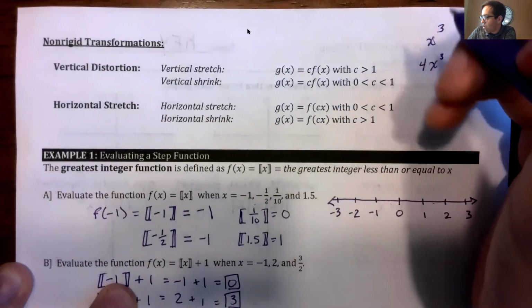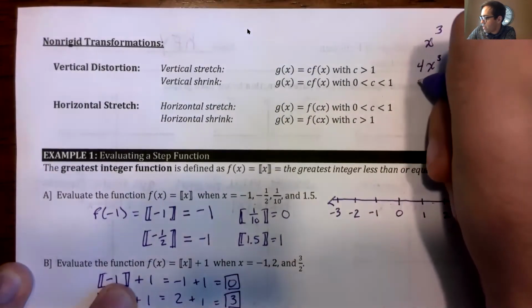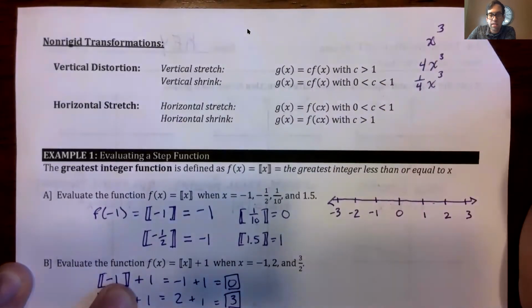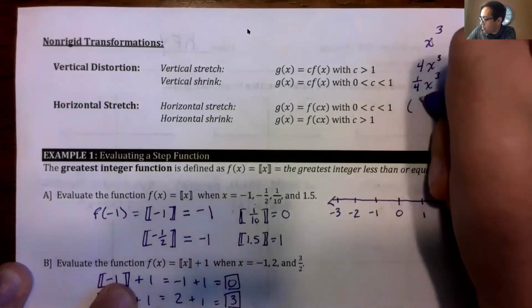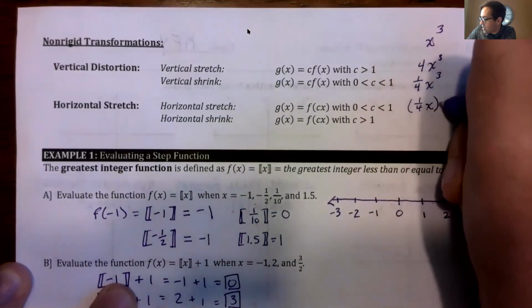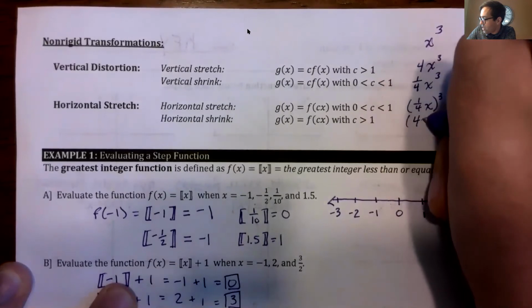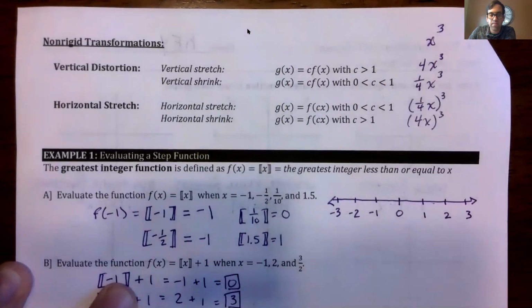Or if we're going to have a vertical shrink, the number has to be between 0 and 1. So maybe it's like 1/4 x cubed. Same thing for horizontal, but it's inside. So this one might be like 1/4 x cubed, and this one could be 4x cubed, like that.